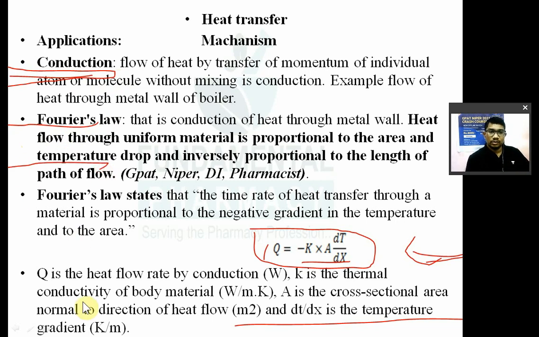Okay, so Q is equal to minus K A dT by dx. Q is the rate of heat flow. K is the thermal conductivity of that material. A is the cross sectional area of material, and dT by dx is the temperature gradient.